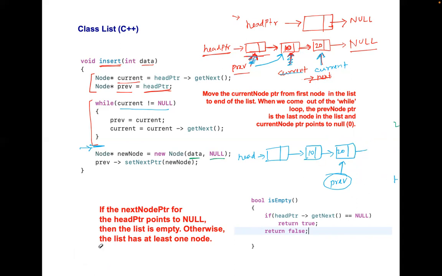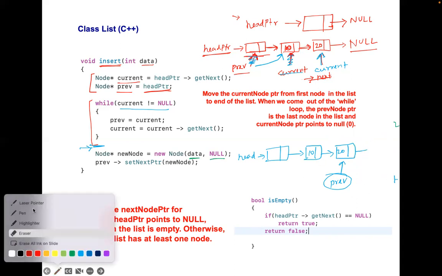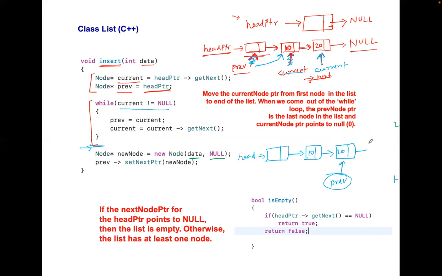Right now it's pointing to null. After this line we are going to create a new node with value 30 and with a null pointer as its next pointer. Then we're going to set the next pointer of the previous node to the new node.